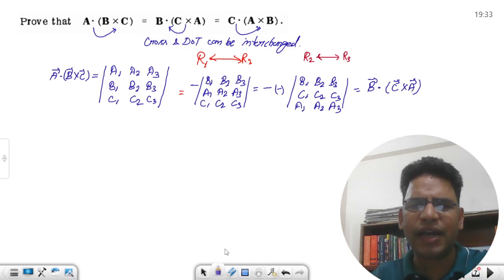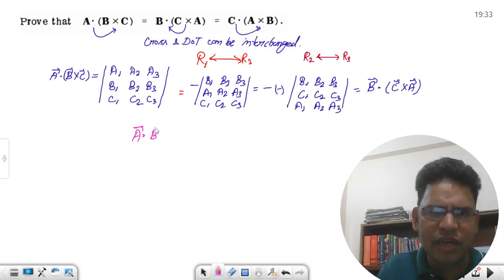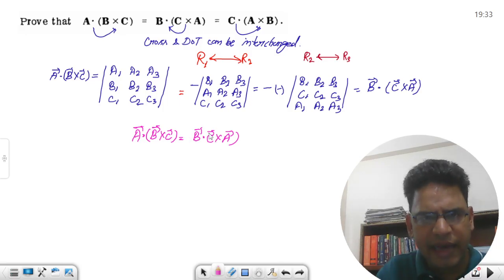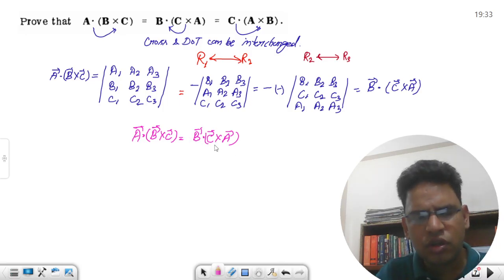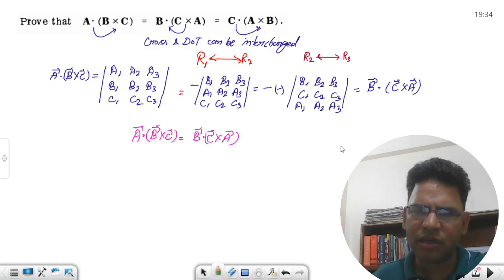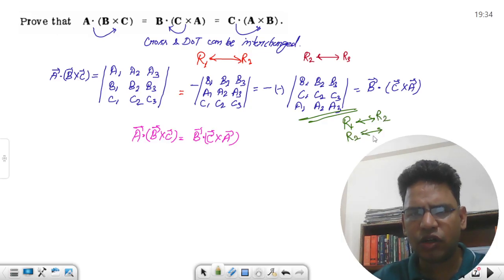Now you can again apply it. So A dot B cross C is the same as B dot C cross A, and this is going to be the same as C dot A cross B. तो अगर मैं आपको सीधा बता देता हूं, दो ऑपरेशन साथ साथ लगा दो, फिर से R1 को R2 के साथ चेंज कर लो, और जब R2 हो जाए तो R2 को R3 के साथ रिप्लेस कर दो.